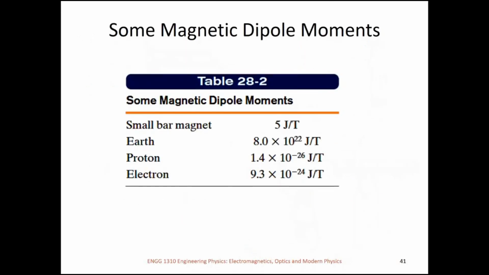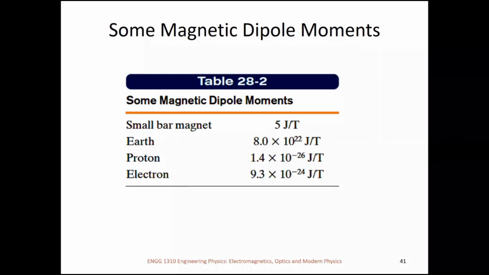Here we give some typical magnetic dipole moments. For small bar magnets, it's 5 joule per Tesla. The Earth is pretty large, so 8 times 10 to the 22 joule per Tesla.